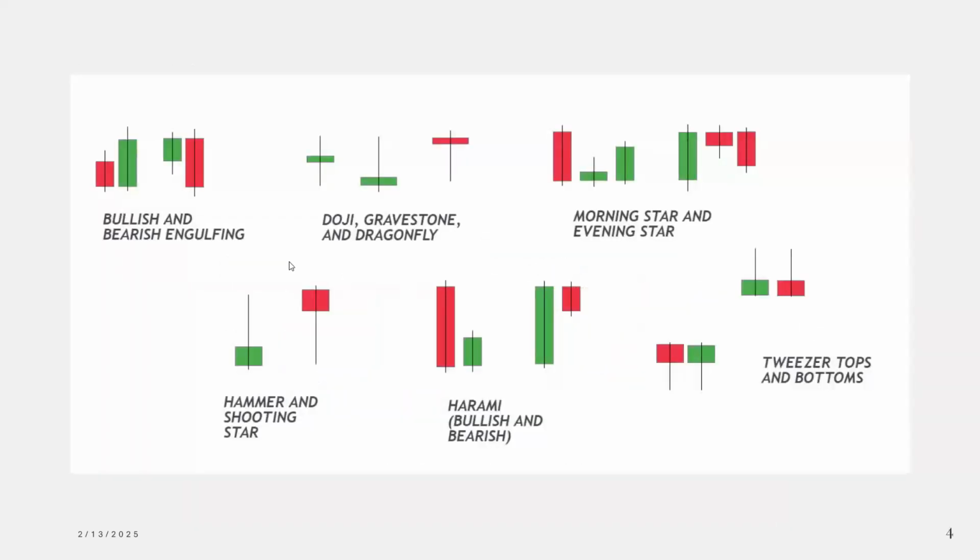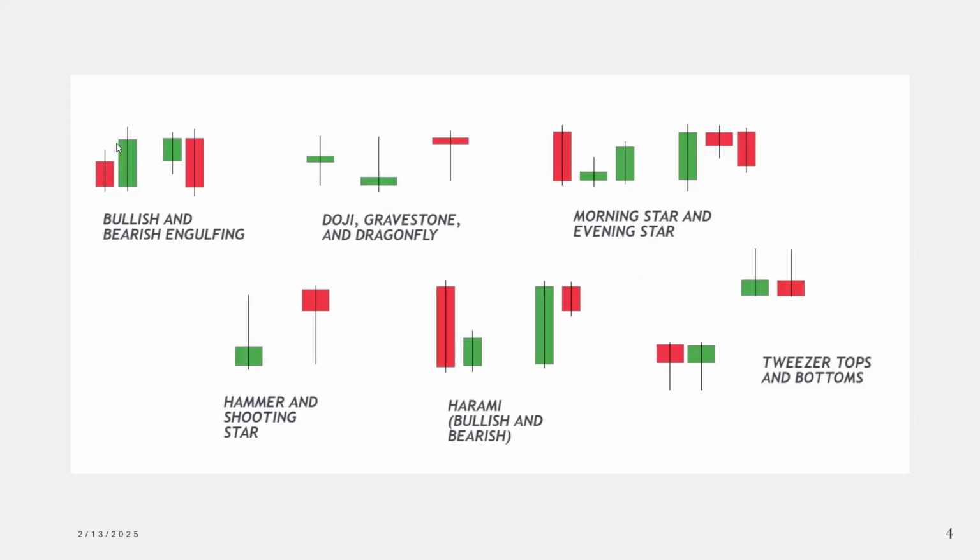So the types of candlestick I listed for you guys: the bullish candlestick, the bullish engulfing and bearish engulfing candlestick. The bullish engulfing simply means two candlesticks where one is smaller and the other one engulfs the smaller one.